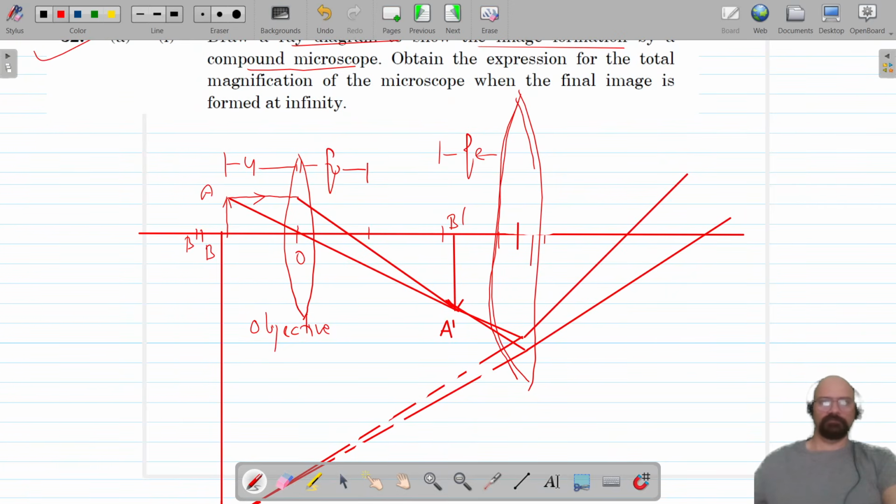This one, try to make it more spherical. Okay, I will leave it as it is. Okay, here is from where the observer is able to see the final image. From here, this is the eyepiece.